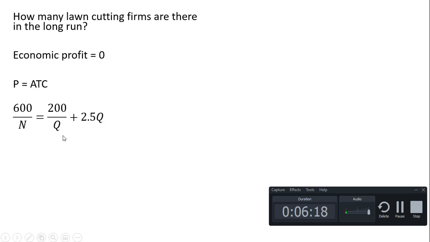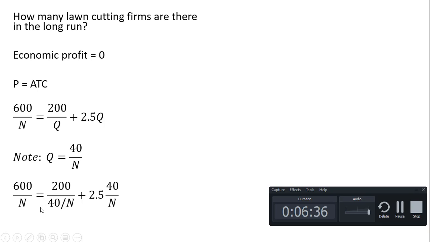So setting those two equations equal to one another, the next step is to substitute out this Q. We found that the profit maximizing output for any individual firm is 40 divided by n. So where I have a Q on the right-hand side, I'm now going to replace that with 40 divided by n. So we get this step right here. Now just simplifying.